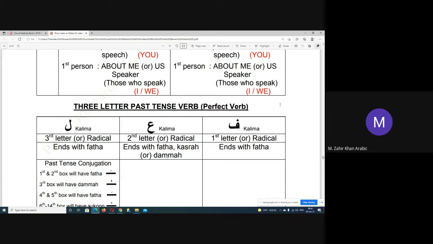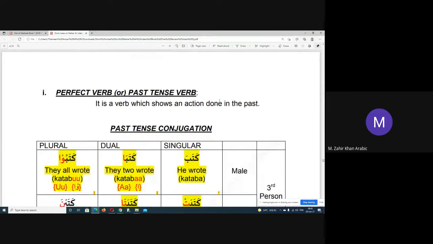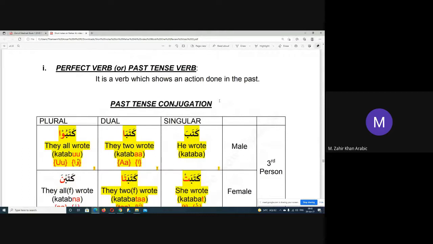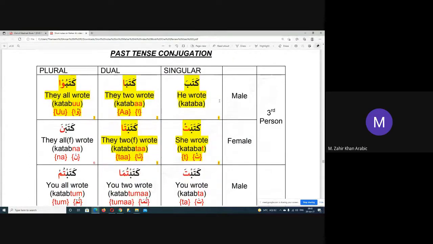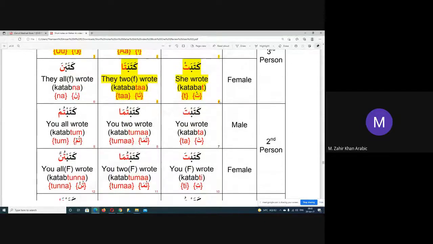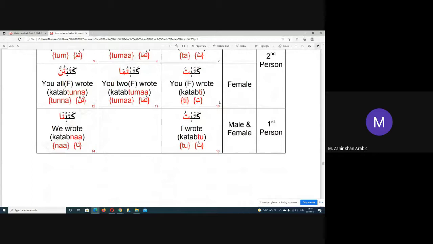We have seen the difference of singular, dual and plural, which I have written in the box, and male and female for third person separately, male and female for second person separately, and male and female for first person.